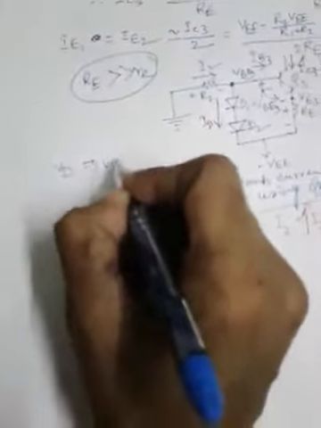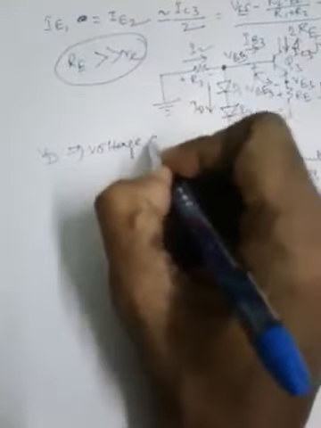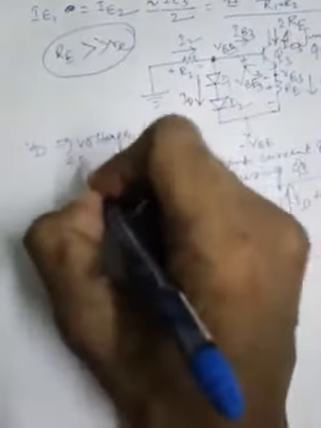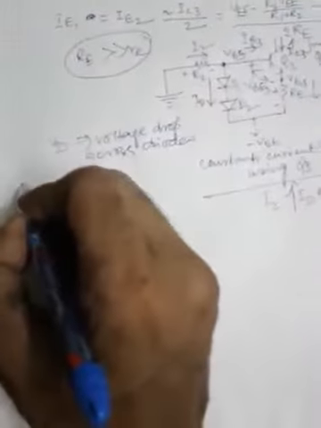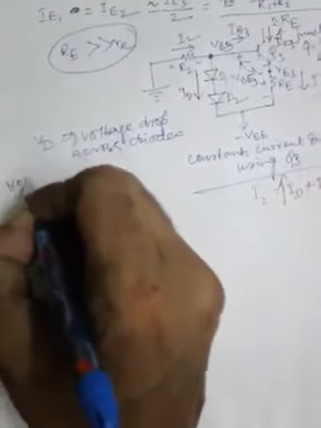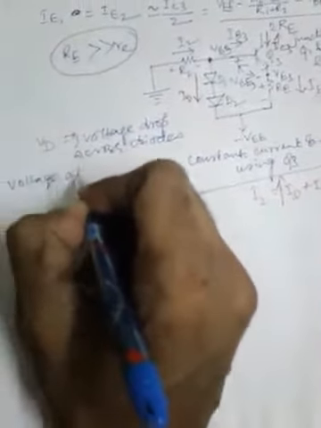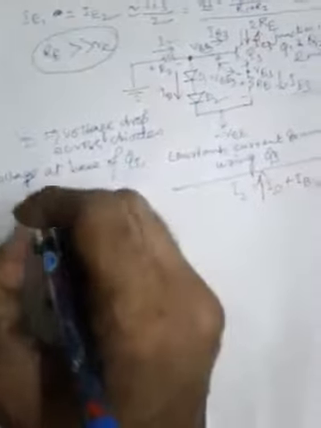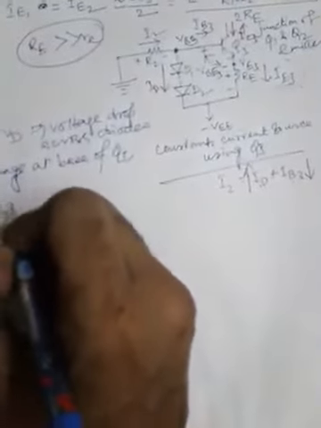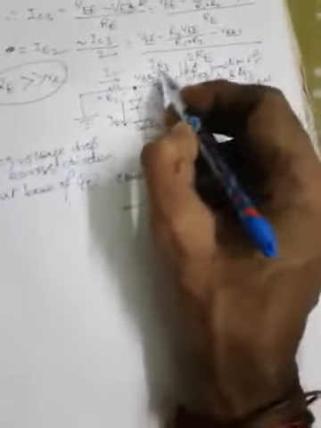If Vd is the voltage drop across the diodes, then the voltage at the base of transistor Q3 should be written as VB3, that is the base voltage.